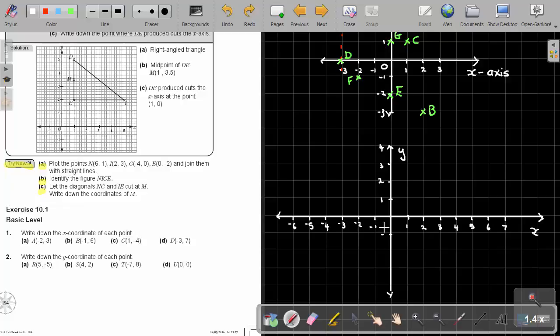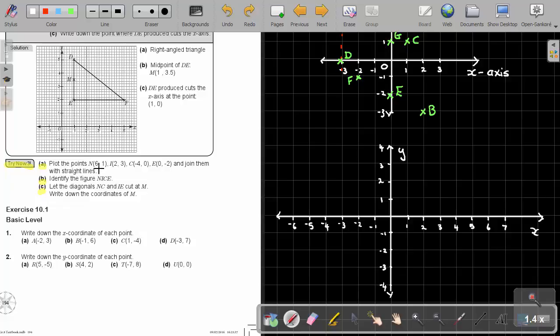And this will be -1, -2, -3, on that line. Oh, I don't know why it's making every time a little bit lower. So this will be -1, -2, -3, -4. Okay, let's see if we're going to fit on this grid.